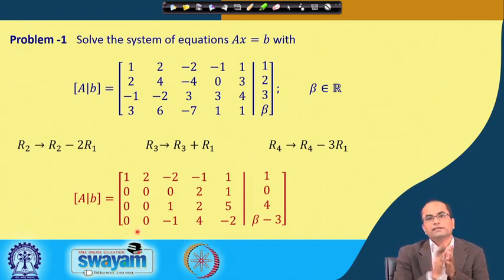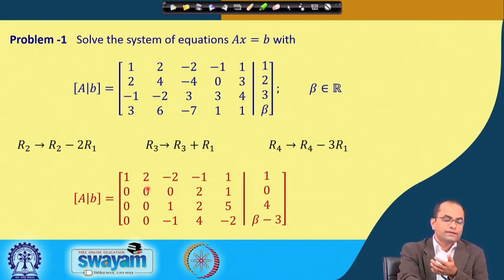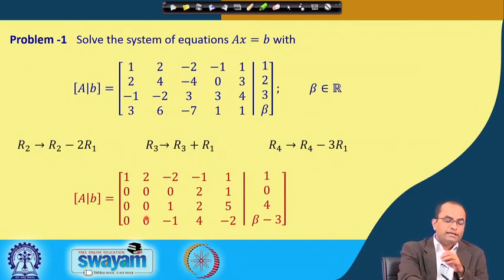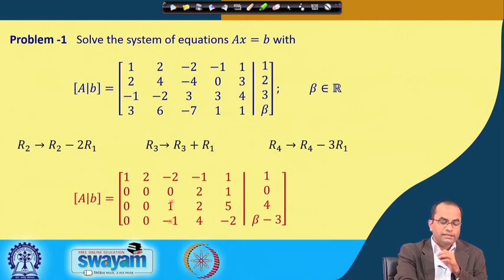x2 is automatically removed, which usually we do not get, such a nice matrix where this x2 is removed without any operation. Otherwise, we have to repeat this with the help of the second equation, to eliminate this second variable from equations 3 and 4. But this is already eliminated, and now we will go to the third one, x3: we have to make all the coefficients in this third column 0.